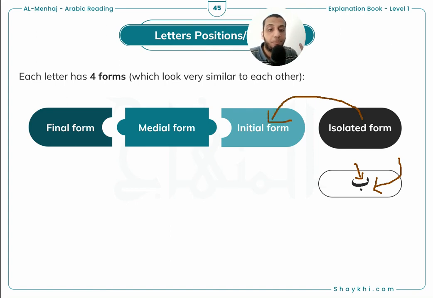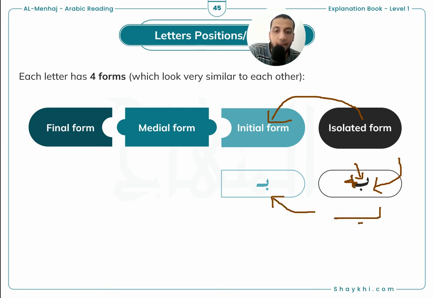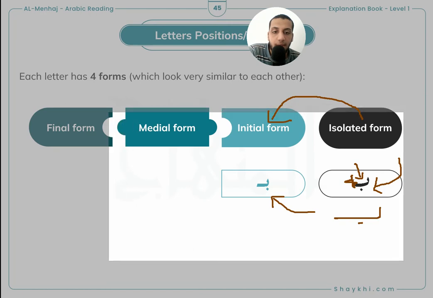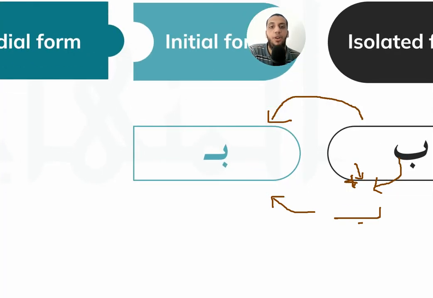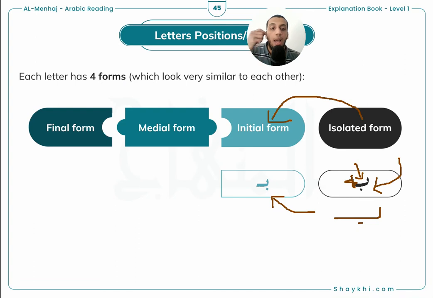So let's see how the letter ba looks in the initial form. This part will be removed like this, and it will be like this. This is the initial form. Let's zoom in to clarify this.